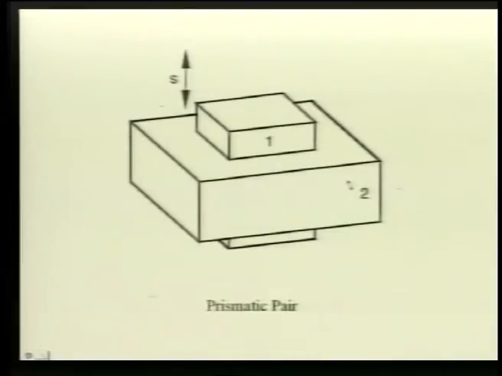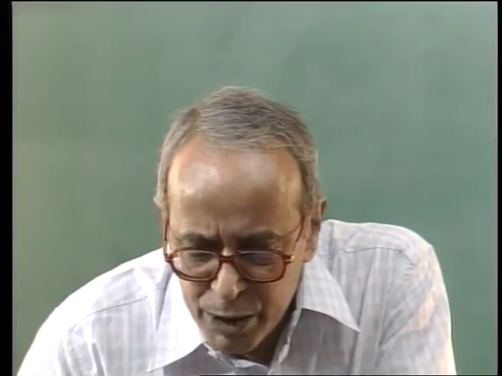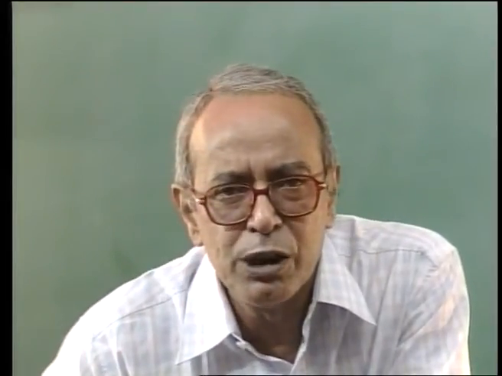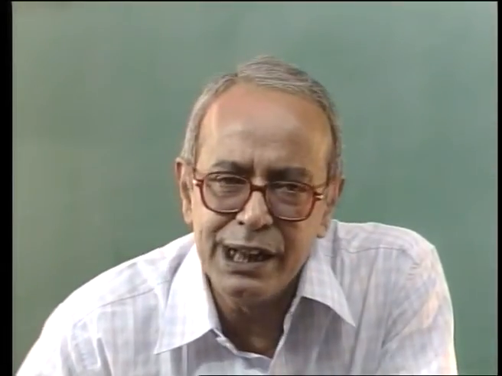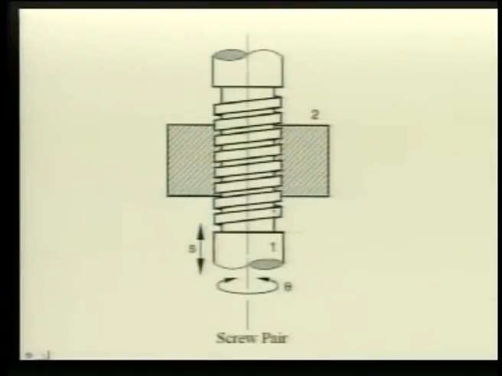Similarly, a piston within a cylinder in an IC engine, for example, forms a prismatic pair, because only relative motion between the piston and the cylinder along the length of the cylinder is possible. The next slide shows what is known as a screw pair.